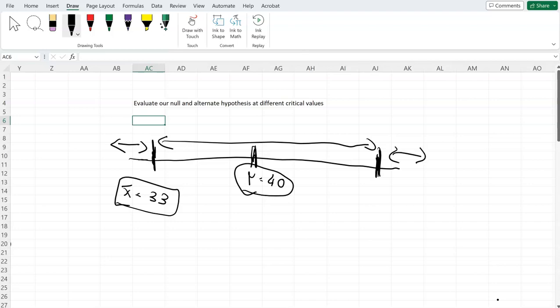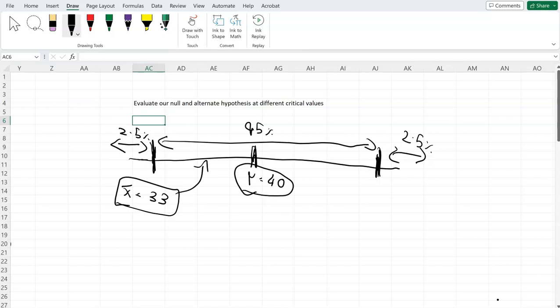And so 5% can't be in one area, so if 95% is in this range, 2.5% is to the left and 2.5% is to the right. And then we say that if this x bar equals 33 falls in this range, we reject the null. But if it falls in this range, then we do not reject the null.